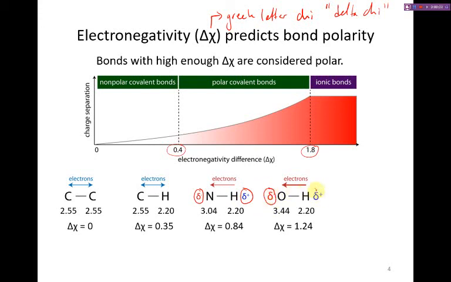So these indicate that there is a partial charge, also known as a dipole. So within these polar bonds, the electrons are attracted towards the more electronegative element, and the arrow points to the more electronegative element. And there's a caveat to that.